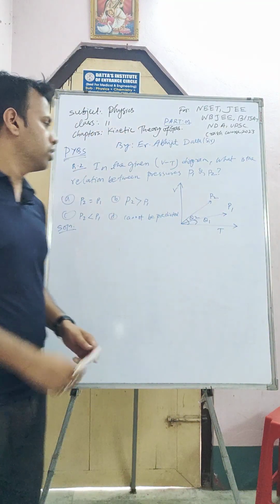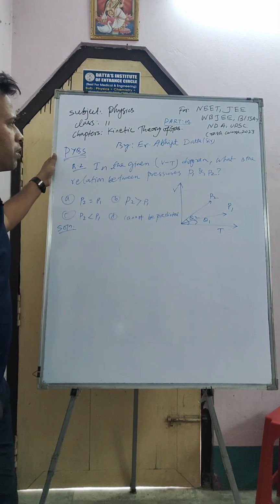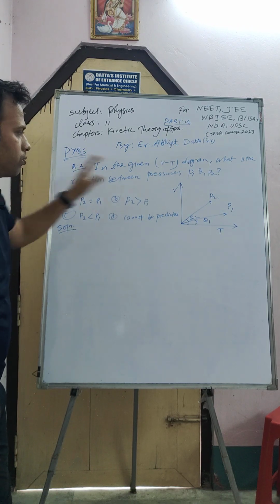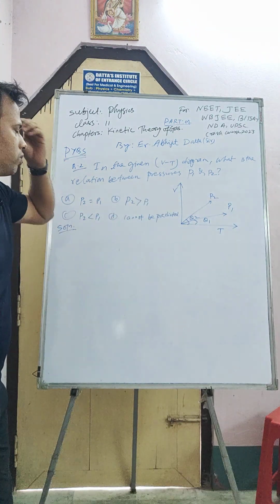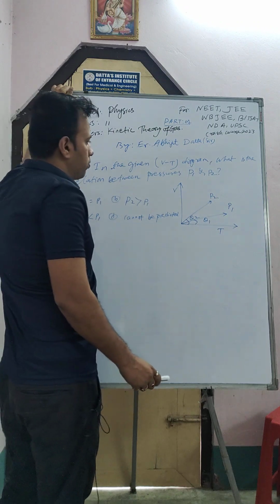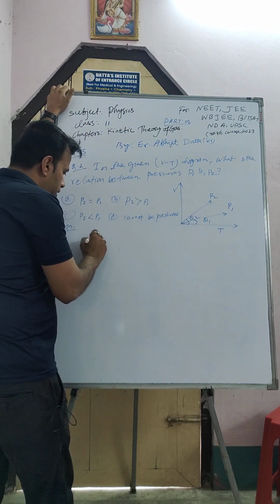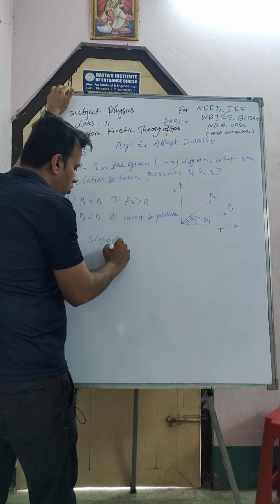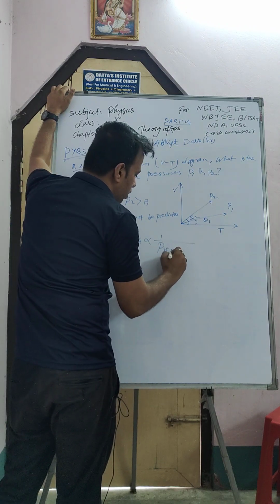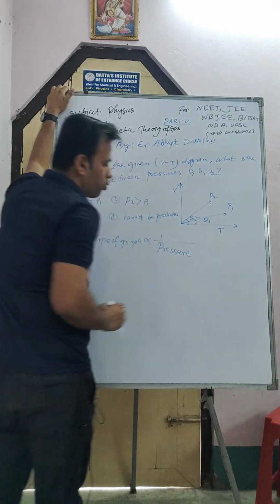So our next question is: in the given Wittig diagram, what is the relation between pressure P1 and P2? Four options are given. This one is the diagram, and we have to find out which option is correct. Okay, so in the Wittig diagram, we know that the slope of the graph is inversely proportional to pressure.